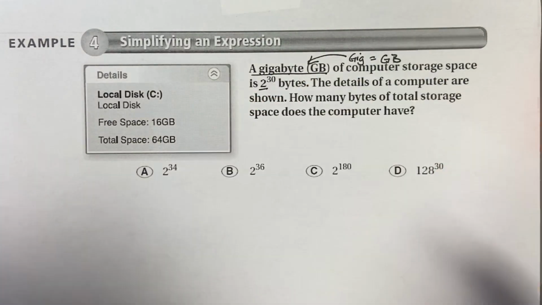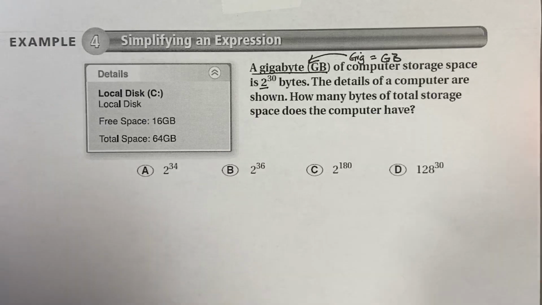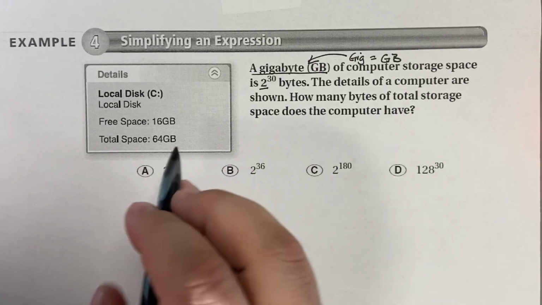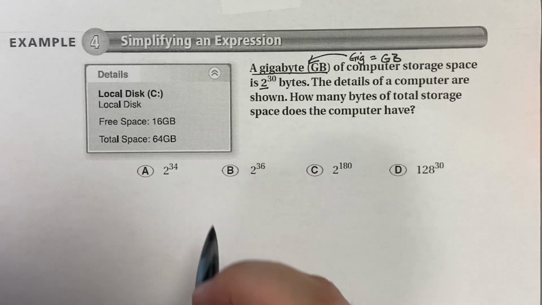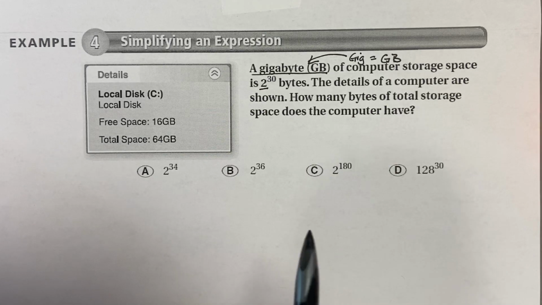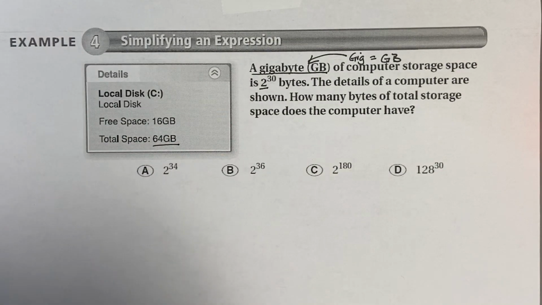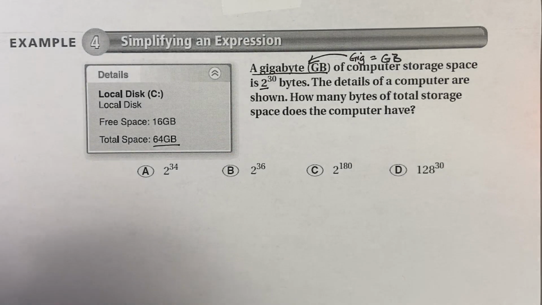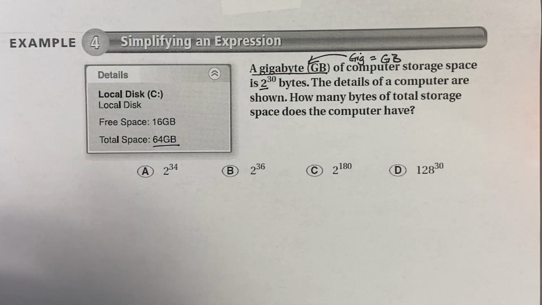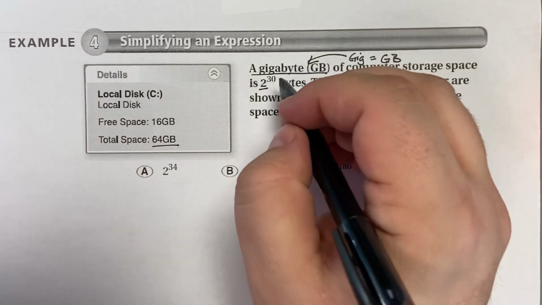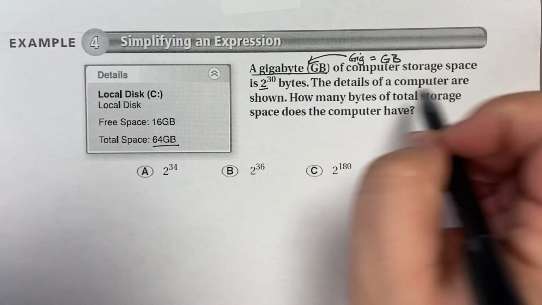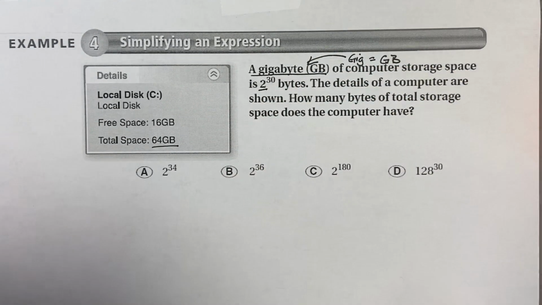We already have a base of 2, we don't want to have to find more, so we're going to stick with it. I want to turn the 64 of total space into an amount that is equivalent to the amount of storage that we have here for gig.